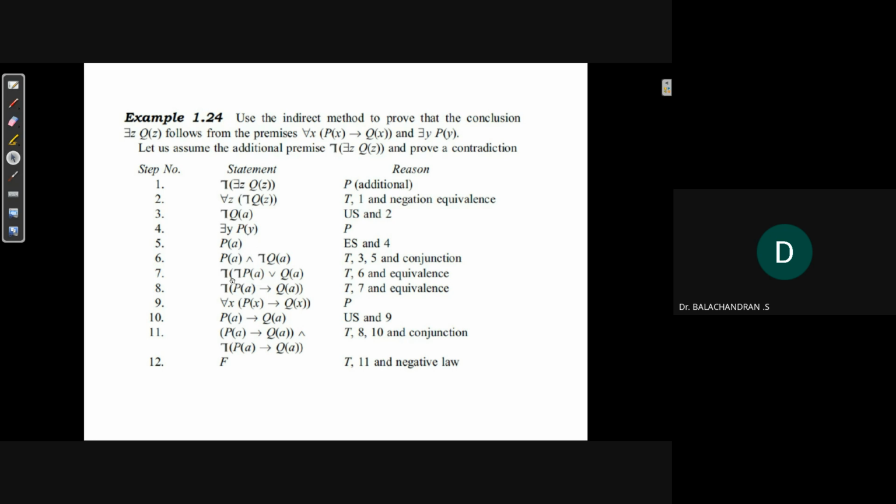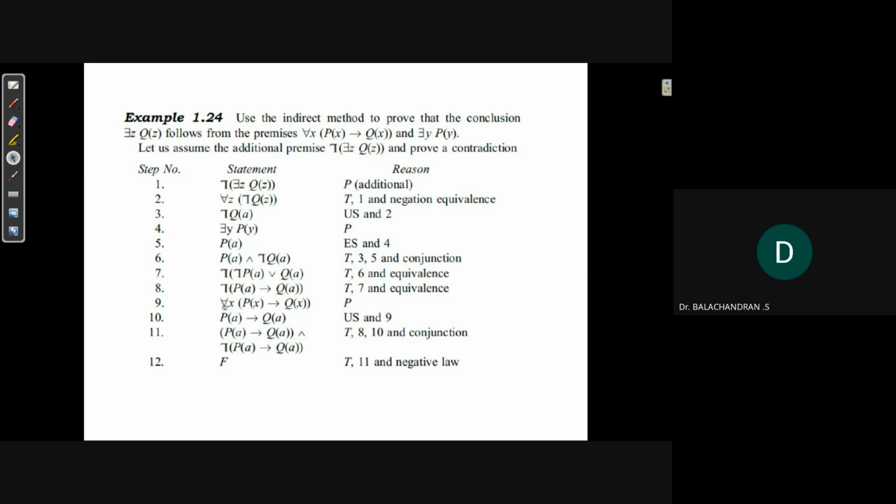Okay, and then 7 to 8, negation is there. This is negation P or Q, meaning negation of negation P of a, that is P of a implies Q of a. And then I got step number 8.